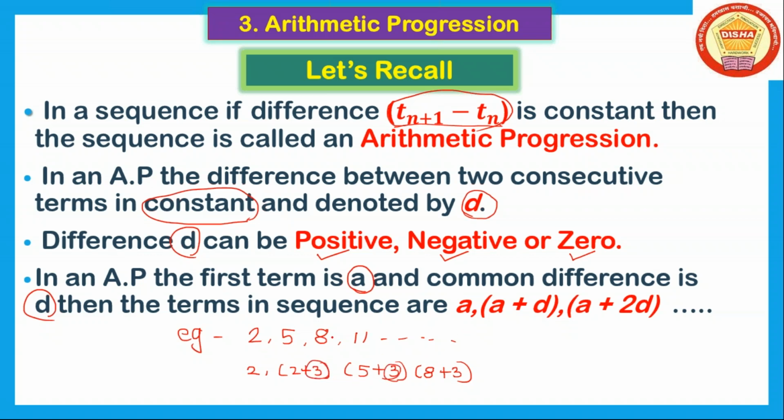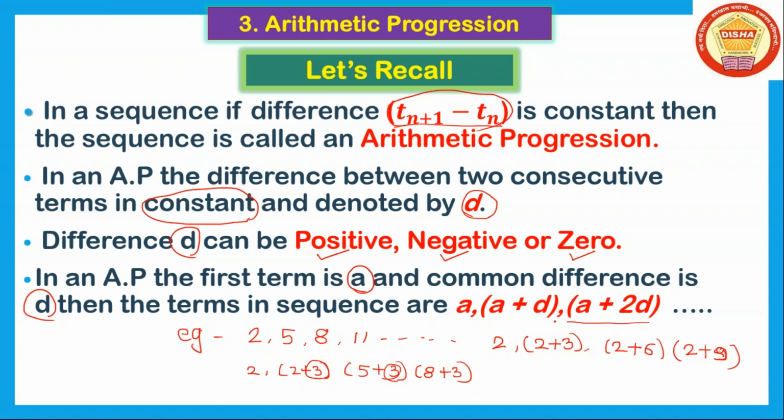Then if we compare this, the first term is 2. The second term is 2 plus 3. The third term is 2 plus twice the 3, means it is 8. The next term is 2 plus 3d, means it is 11.